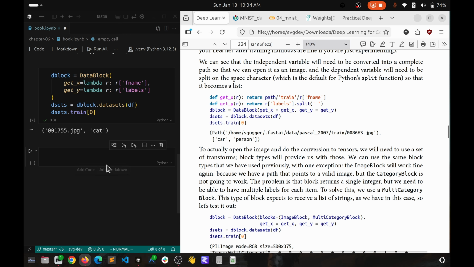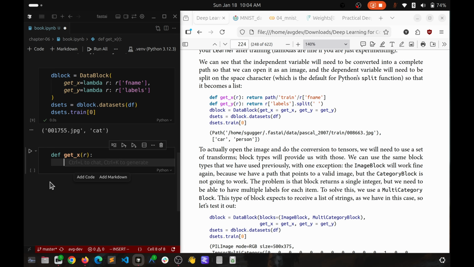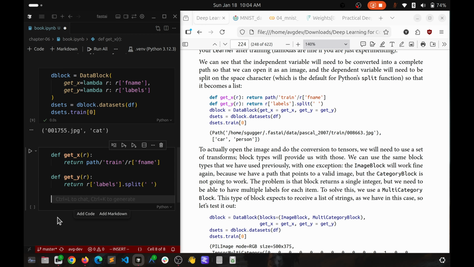Let's do it. def get_x given r, on a new line: return path/train/r['fname'], that's the file name for that particular row. Then def get_y(r): return r['labels'].split(). So all the labels available for that specific example, remember they're space delimited, they're just categories, so it's multi-labeling.